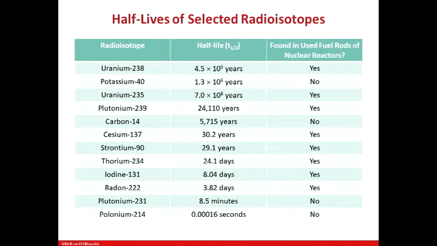And here we are, found in used fuel rods of nuclear reactors. So this is why keeping the fuel rods and knowing where the fuel rods are is very important as well. So everyone follow. So this slide is really a sensitivity slide to help you understand the impact of nuclear reactions.